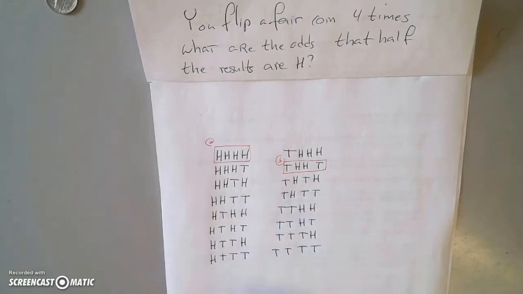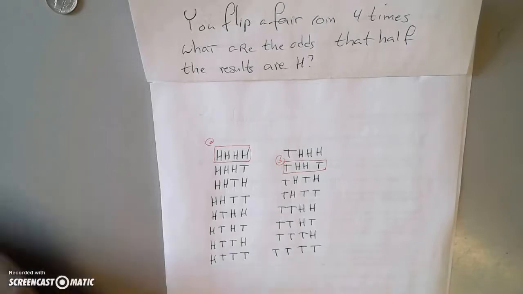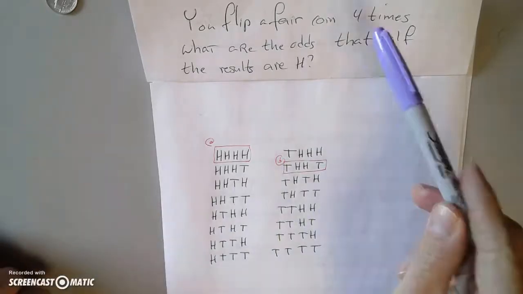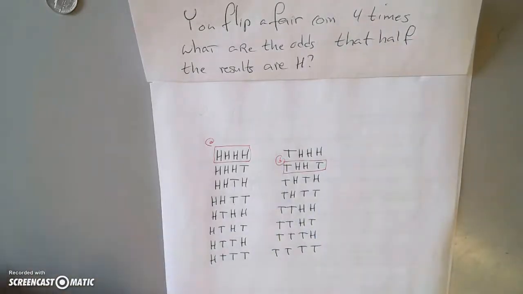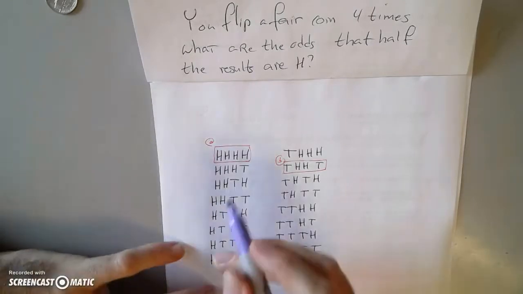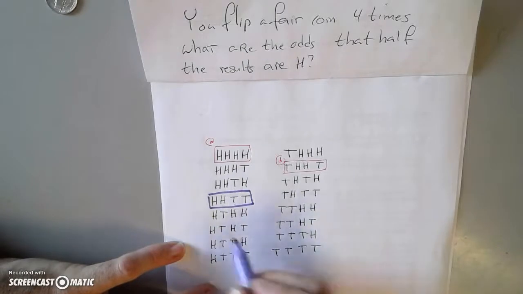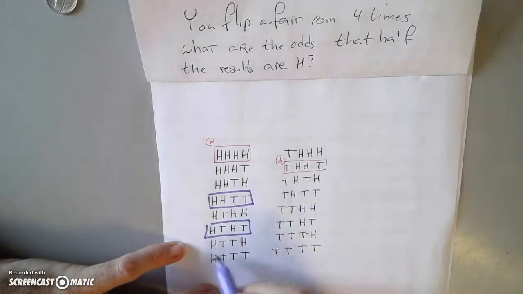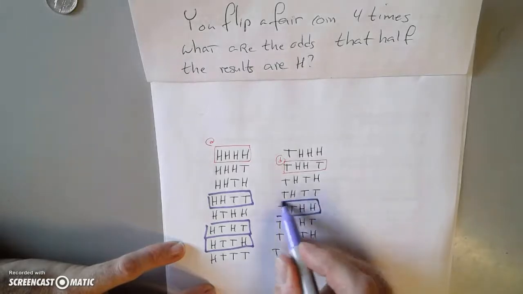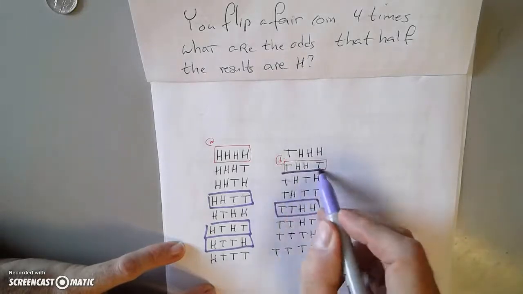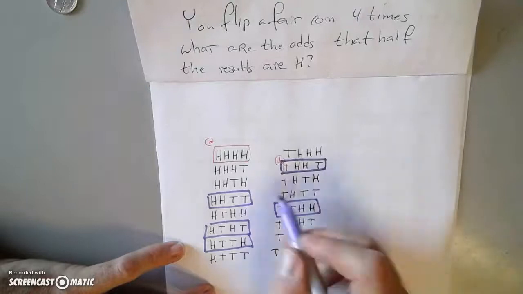Things look more normal to us when they're less ordered, I suppose is what we'd say. So let's figure out this question. This question is a little different. So half heads. This is half heads and tails. This is half heads and tails. This is half heads and tails. This is half heads and tails. Of course, this one is also half heads and tails.